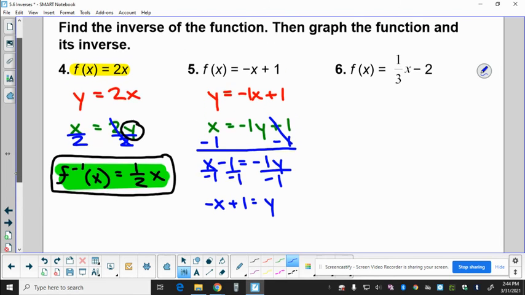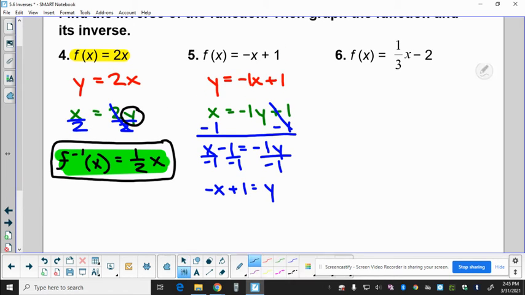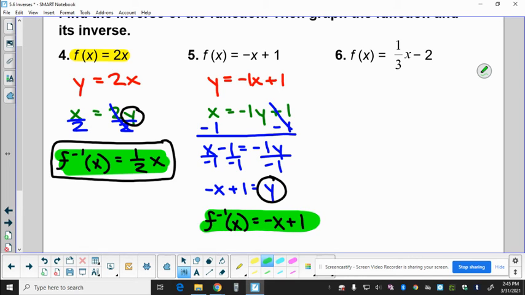And then finally, I'm going to change this notation into the inverse. Okay, and one more time, if you were to graph this versus the original, all of the ordered pairs have switched places. So the domain becomes the range. The picture of the graph would show a mirror reflection across the line y equals x.